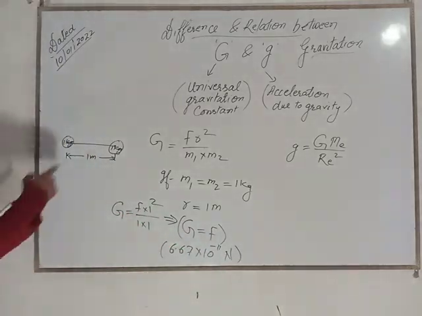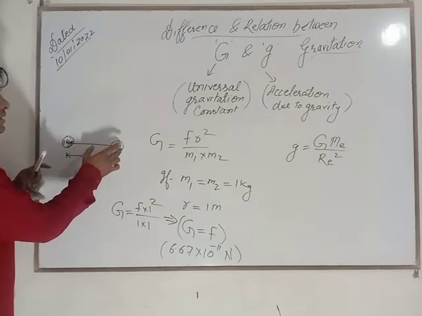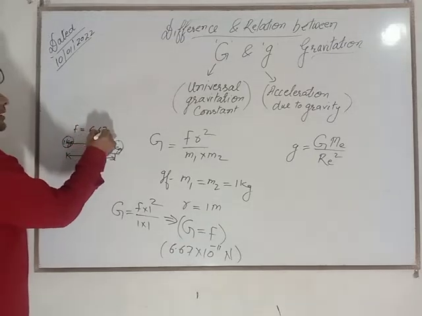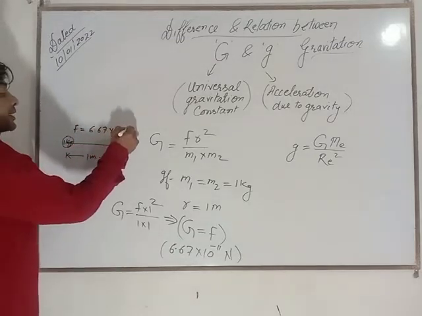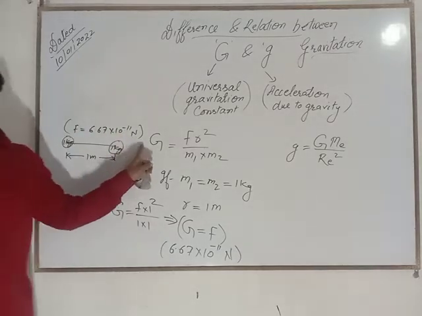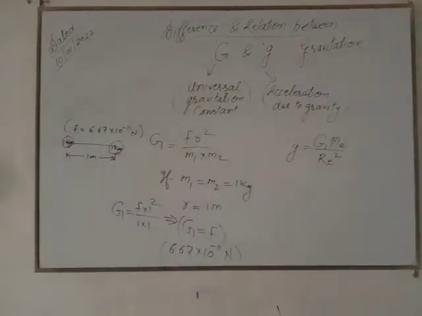It means the gravitational force between these two objects on this condition will be equal to 6.67 into 10 to the power minus 11 Newton, and by this you can define capital G, right?